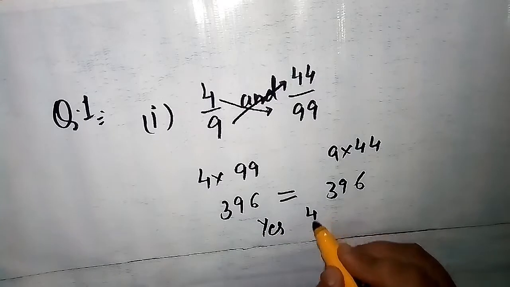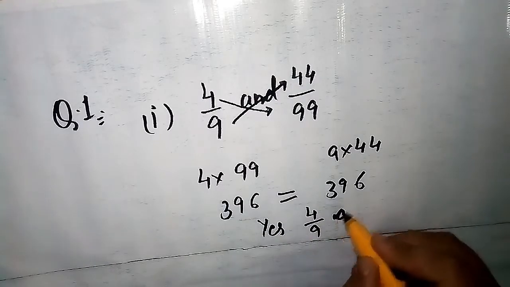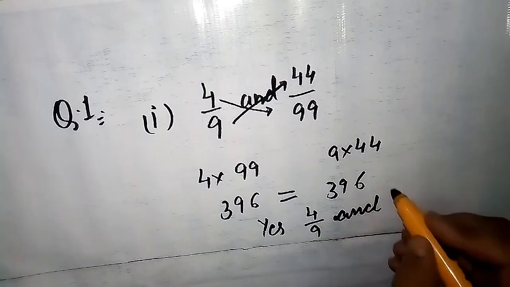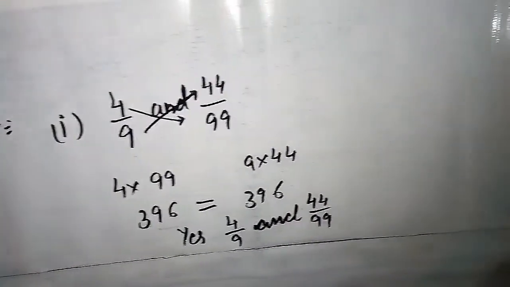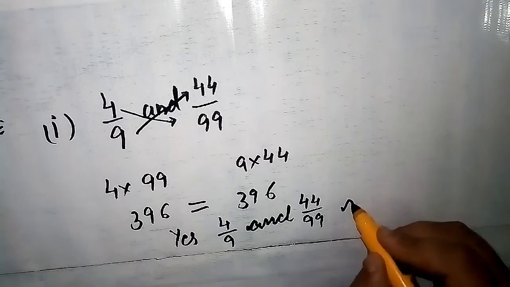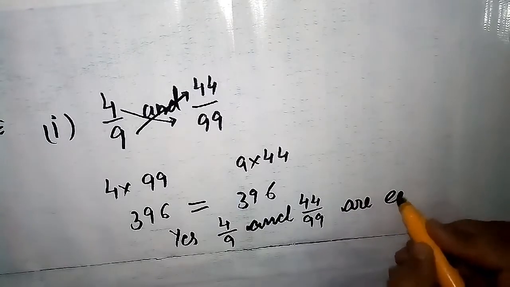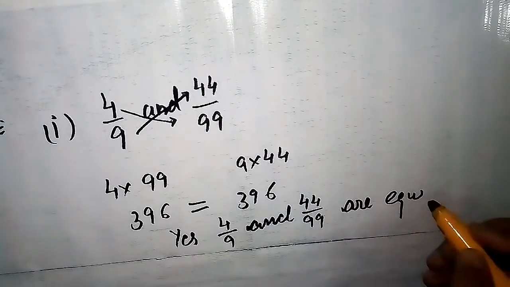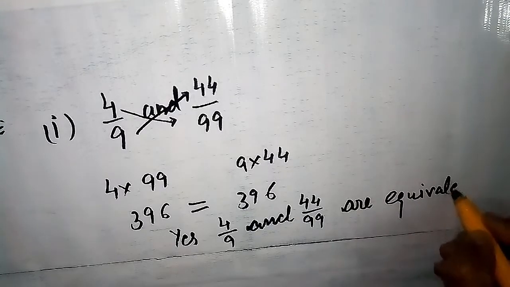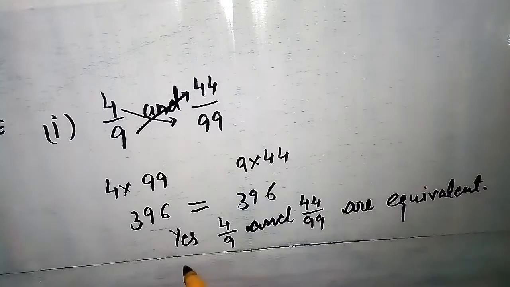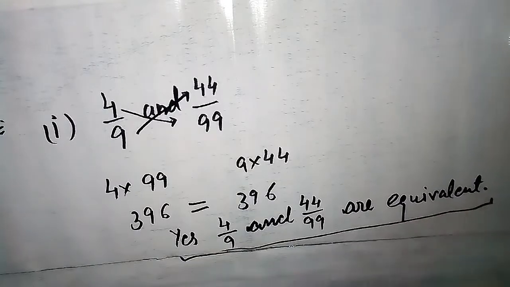So they are equal. So yes, we can write that 4 upon 9 and 44 upon 99 are equivalent rational numbers. I repeat, yes, they are equivalent rational numbers.